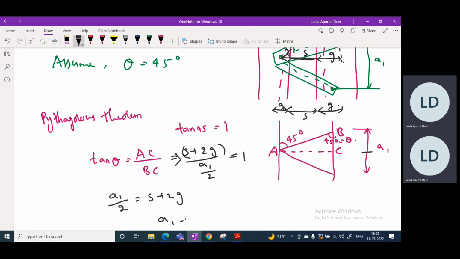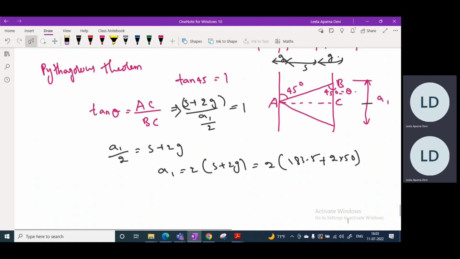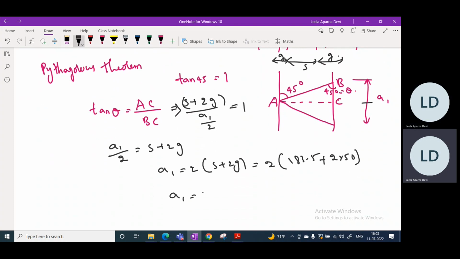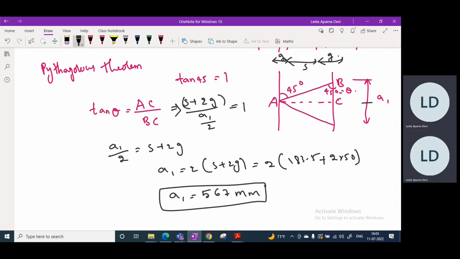So now A1 equals 2 into S plus 2G, which will be 2 into 183.5 plus 2 into gauge distance 50. So the A1 distance is 567 mm. This is the spacing between two lacings.